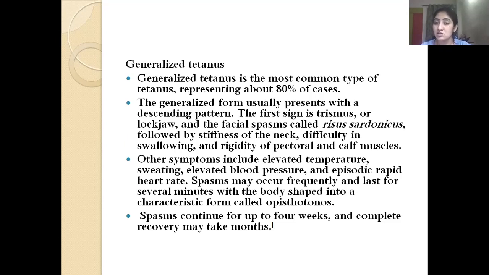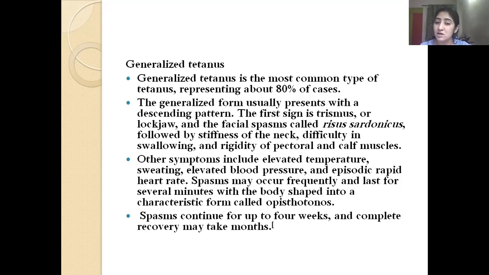The first sign is trismus or lockjaw and facial spasm called risus sardonicus, followed by stiffness of the neck, difficulty in swallowing, and rigidity of pectoral and calf muscles. Other symptoms include elevated temperature, sweating, elevated blood pressure, and episodes of rapid heart rate.